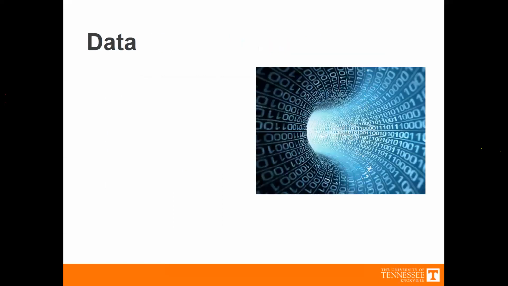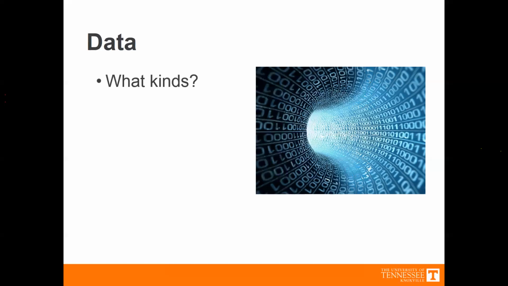So moving on to the data. Your data management plan is going to talk about all the different parts from the standpoint of the data. At first, you're just going to talk about the data itself and what you're going to collect. In other words, what kinds of data are you going to collect in your research project?